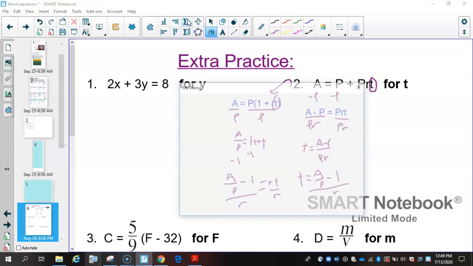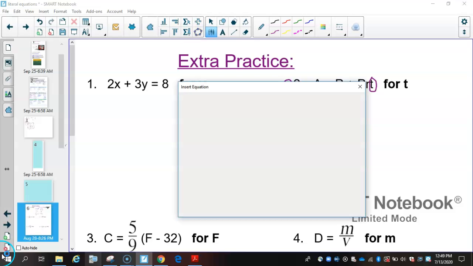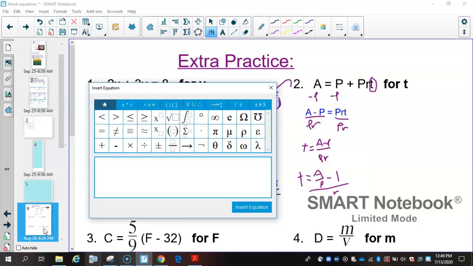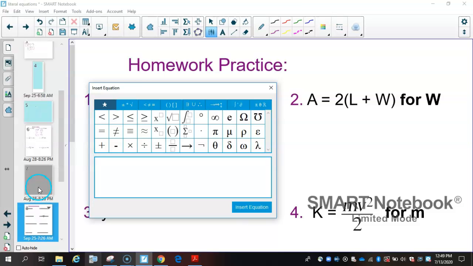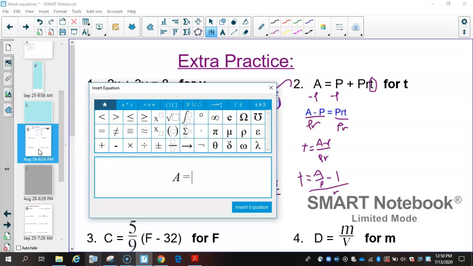Now let's move on to the checkpoint. Second one. So a equals, whoa, what happened? There we go.